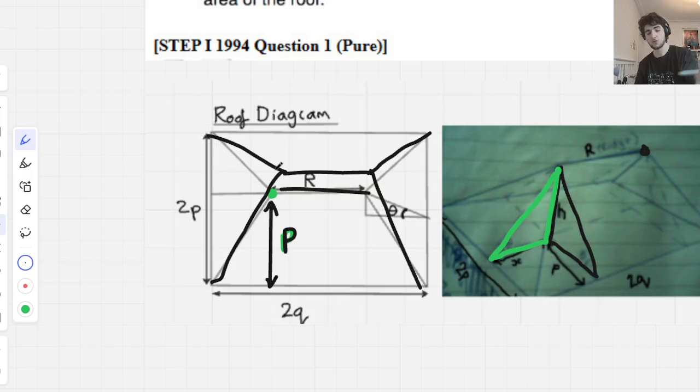When I say symmetric, all I mean is that the length from this bottom line to the point directly below the ridge has to be half of the breadth.